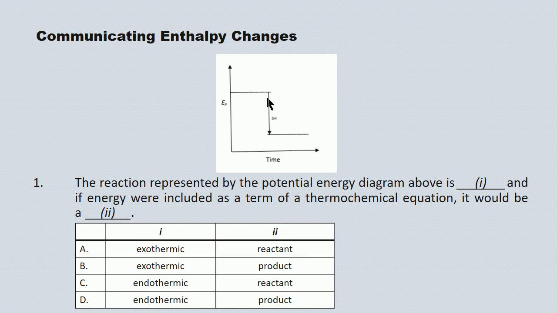I would submit that this system is losing energy and therefore it's an exothermic reaction. Therefore, C and D are out. If energy were included as a term of a thermochemical equation, it would be A. Well, it's an exothermic reaction, so therefore energy is produced just like any other product, and the energy would show up in the equation as a product. And our answer here, therefore, is B.